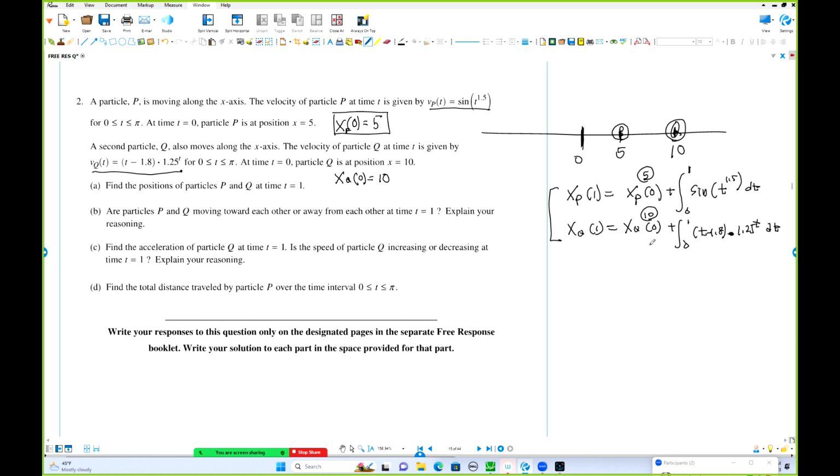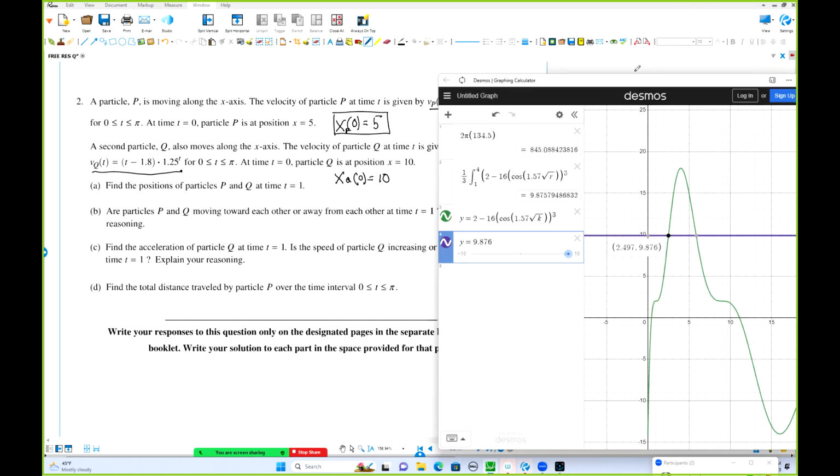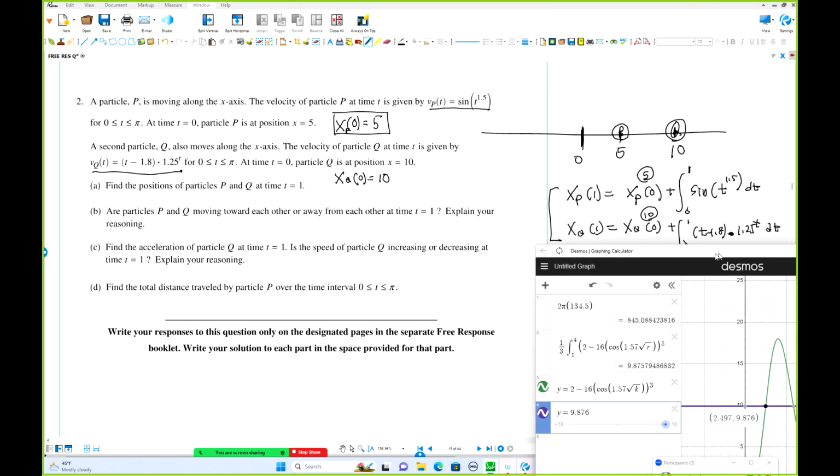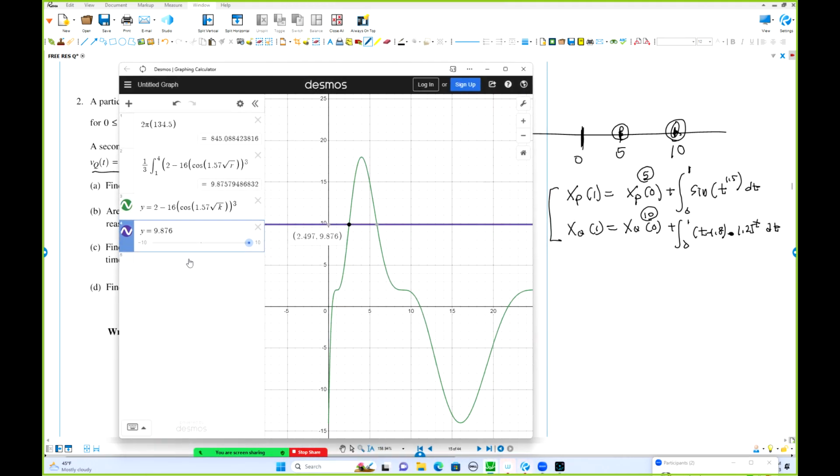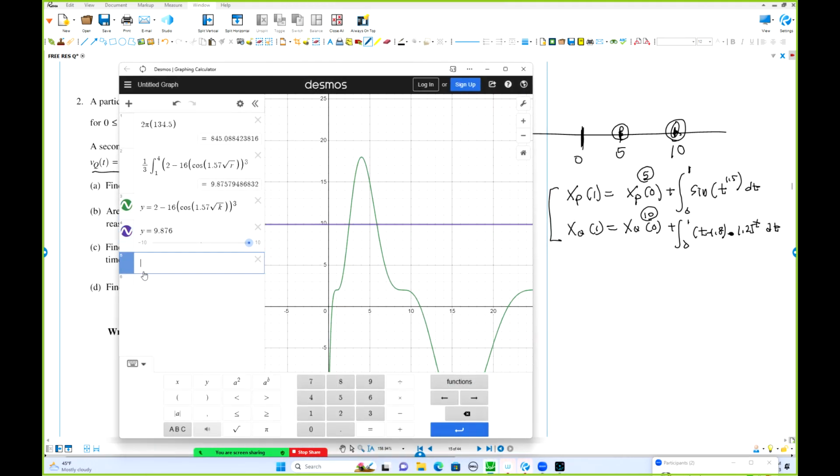Now we use a calculator. Without using a calculator, we never solve this, okay? It's very hard. So x_P over here, x_P is 5 at time t0, the position is 5 there, plus the integral. I'm going to take an integral about this one. The integral is from 0 to 1.